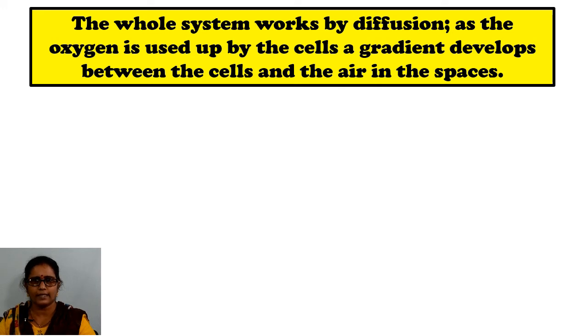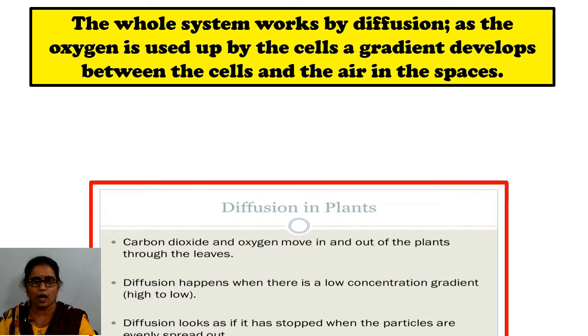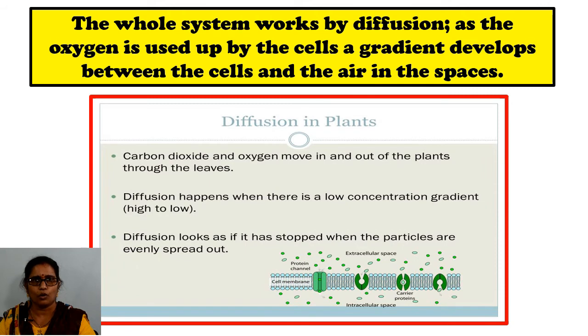So basically in the diffusion in plants, the carbon dioxide and oxygen move in and out of the plants through the leaves, and the diffusion happens when there is a concentration gradient. That is, wherever there is less concentration, the gas moves towards that area, that is from high to low concentration. So at a particular stage the diffusion looks as if it has stopped.